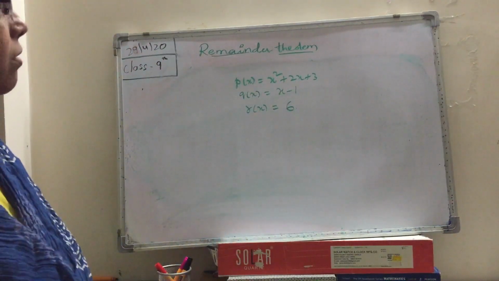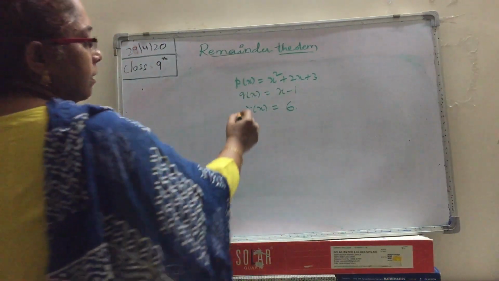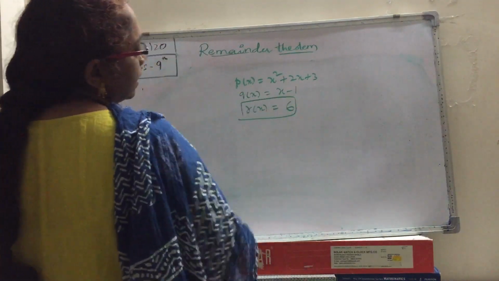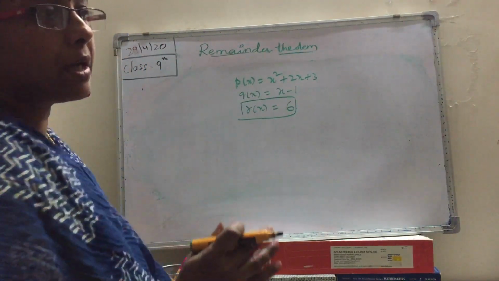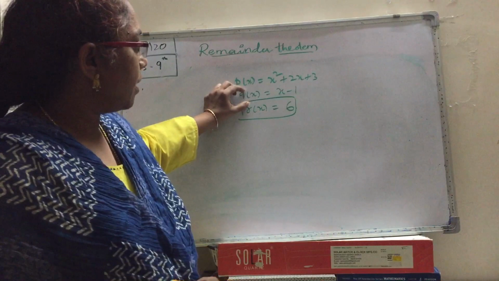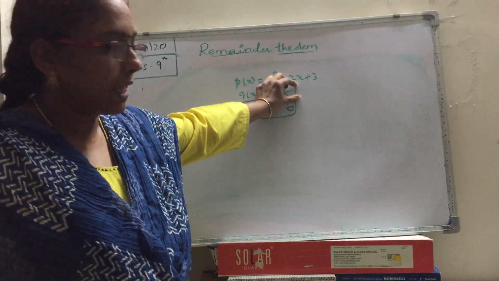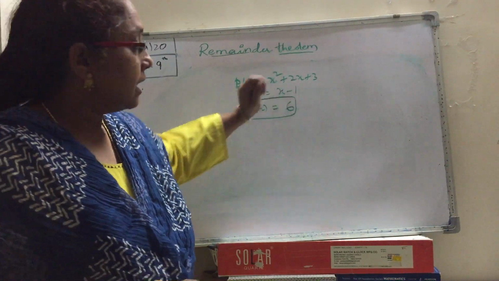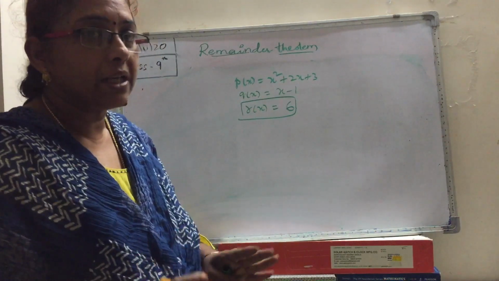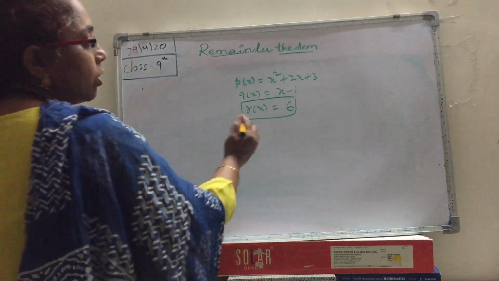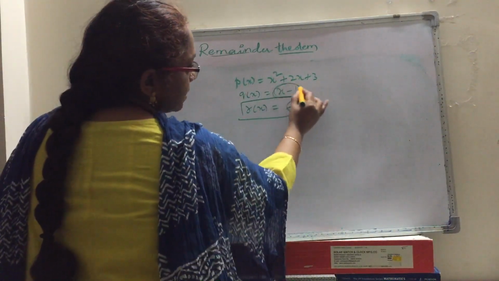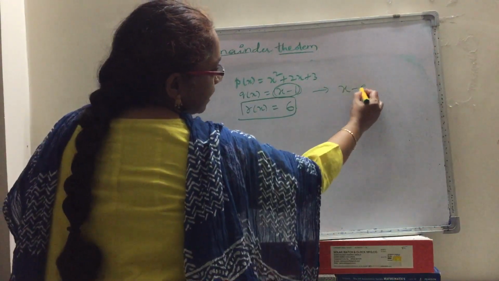Okay. Now we will apply this remainder theorem. What is the remainder theorem? If P of x is divided by x minus 1, here x minus 1 is the divisor, then the remainder is P of a. Now see, you compare this divisor with x minus a.